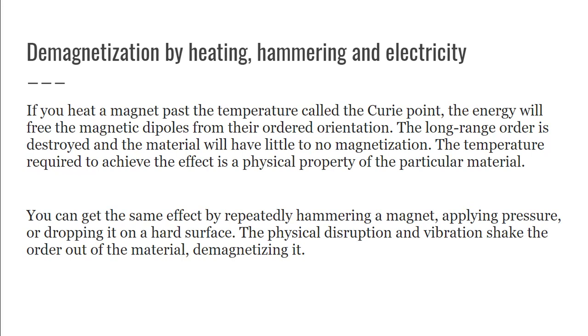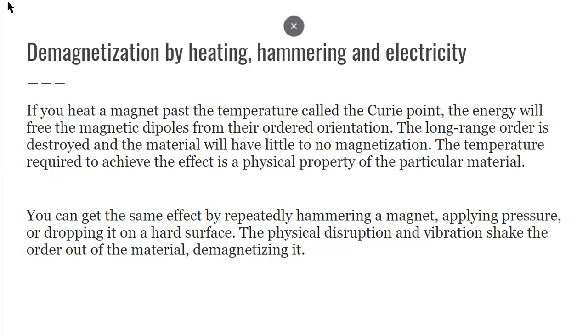Their orientation changes, and the range of order that we saw, the way the magnetic field is arranged, gets destroyed, and hence there is little or no magnetization in that magnet. It has lost its magnetic property. The temperature required to achieve this effect is a physical property of that particular material. You have to heat to that particular temperature, and only then will the magnet lose its magnetism.